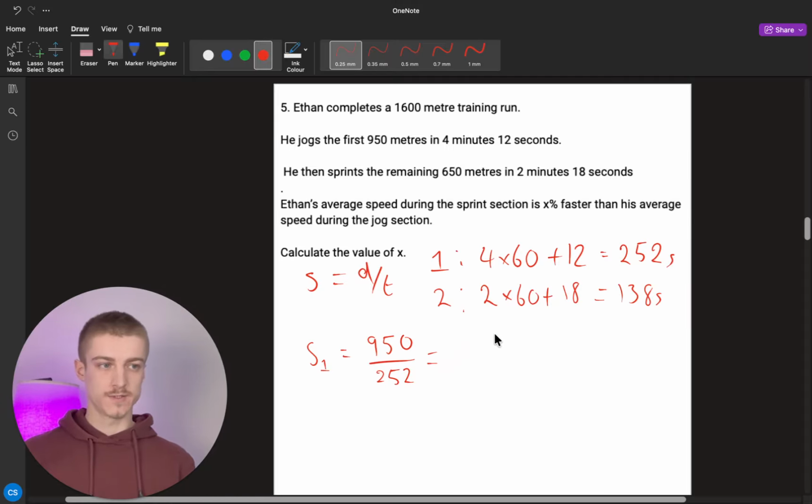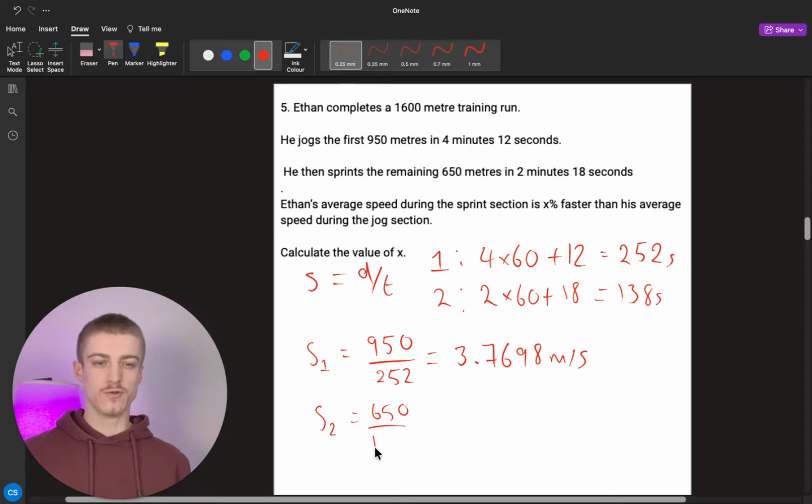That comes out to be 3.7698 meters per second. Speed 2 is 650 over 138.